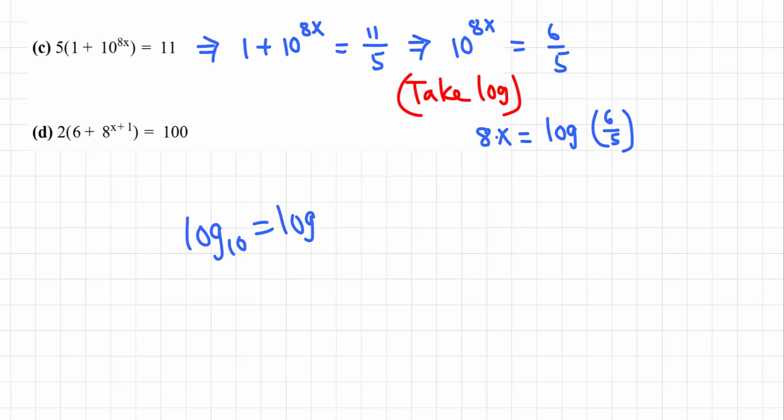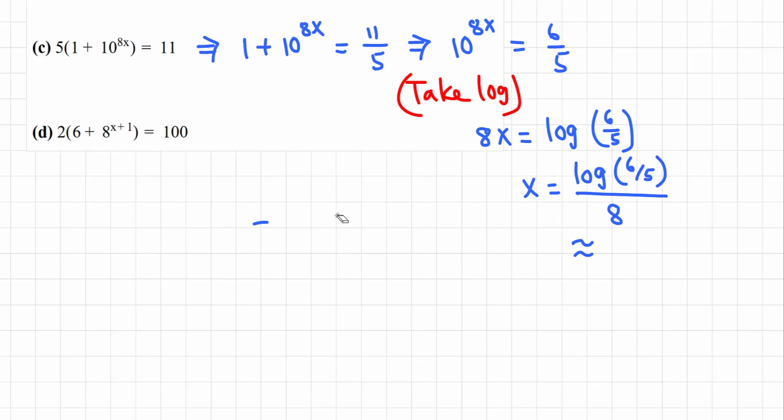Then 8 times x, so x is this divided by 8. So x equals log of 6 over 5, all over 8. This is the exact form solution, and we can use our calculator to find the decimal form. We'll do that in a moment. Let's do part D here.